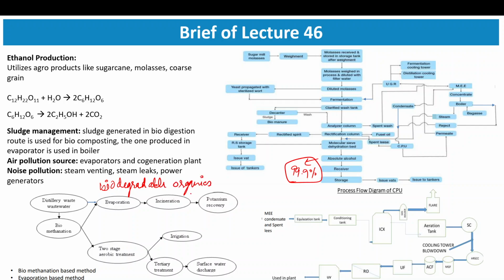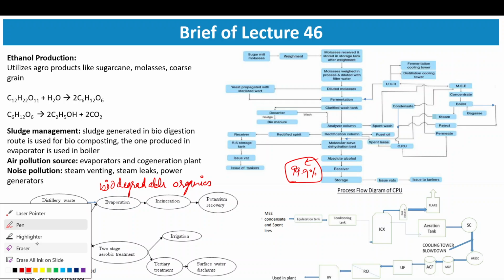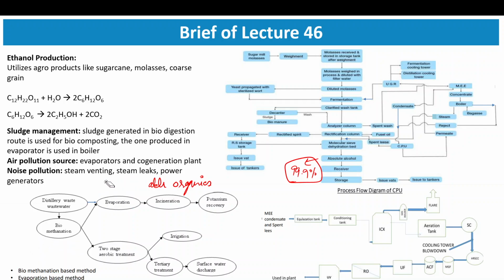And here we have provided decantation, which means the solid content will be very less. So we can provide evaporation and lastly incineration so that we can remove the biodegradable organics. Another method we can use, due to the high content of organics, is to send it to biomethanation so that we can generate biogas.